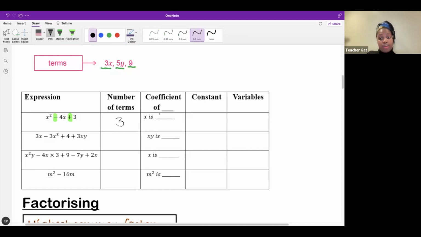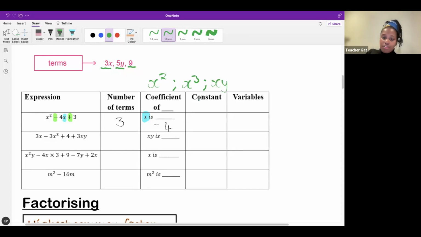My coefficient of x is, we have 3 different answers here, which is why we're doing this. It is -4. Now, be careful with coefficients, okay? If I say the coefficient of just x, I really mean the coefficient of just x, regardless of the fact that we might have a x squared, x cubed, xy.